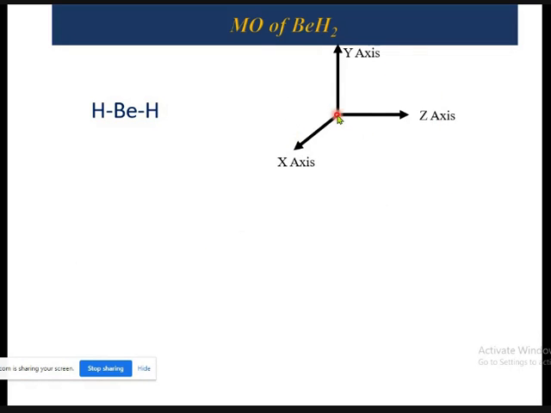Remember, here I have taken the Z axis, this one, then Y, then X. I already told you that picking any axis of your choice is a freedom for you, but you have to keep it the same throughout the study.